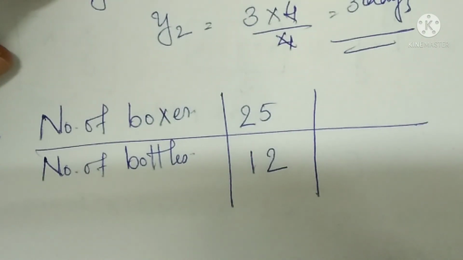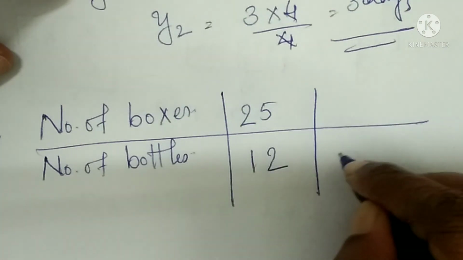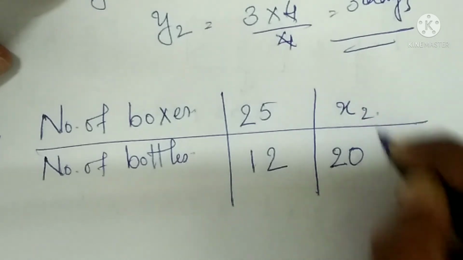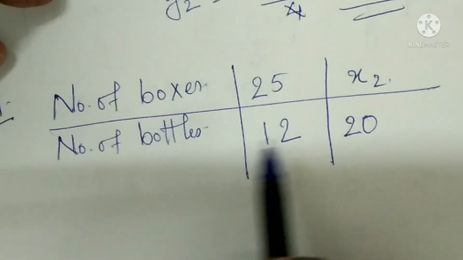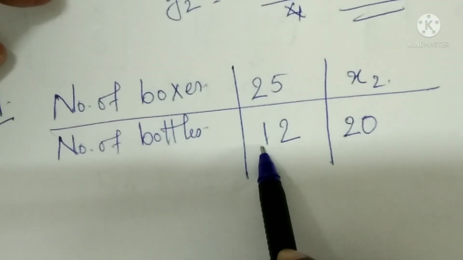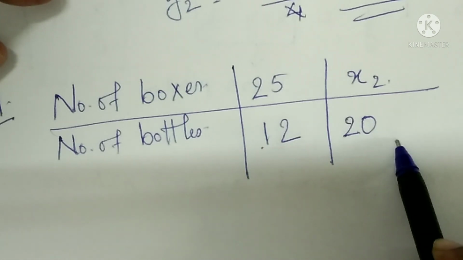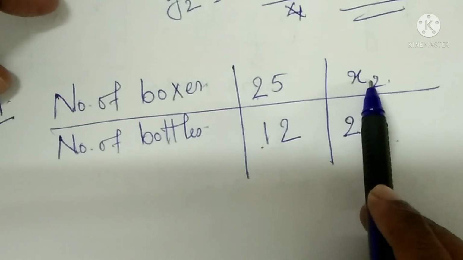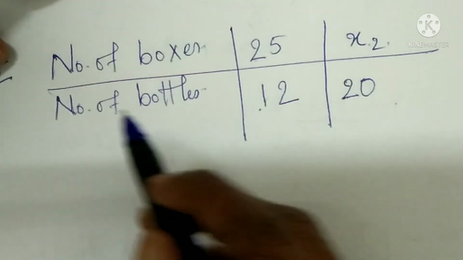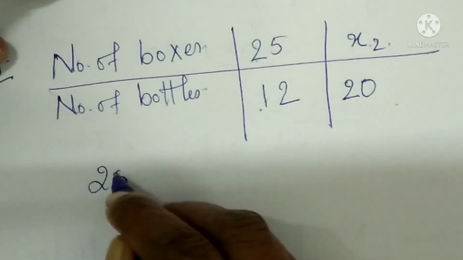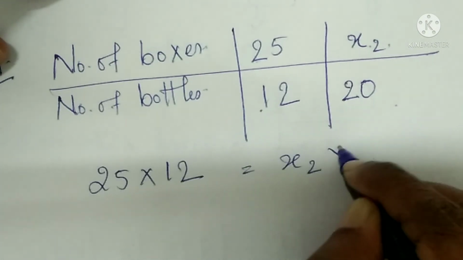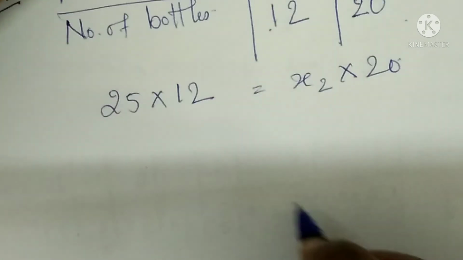If the same batch is packed using 20 bottles, so here if it is 20 bottles, how many boxes are needed? So again here, when the number of bottles in one box increases, what will happen to the number of boxes used? It will decrease. So 25 into 12 is equal to x2 into 20.